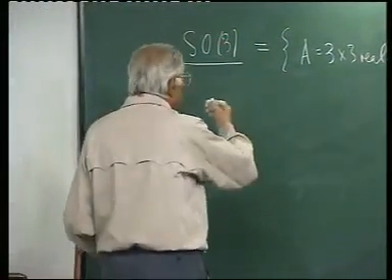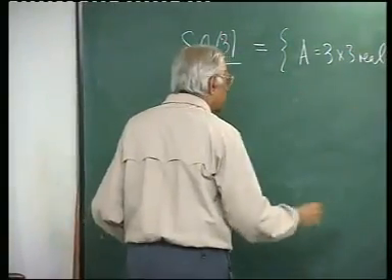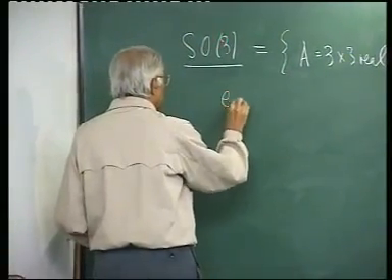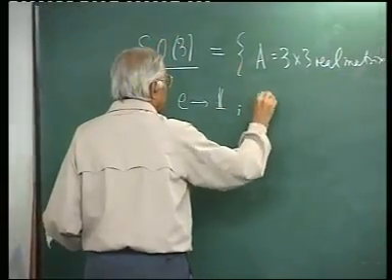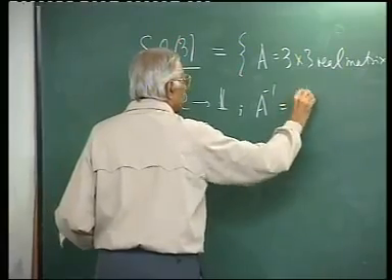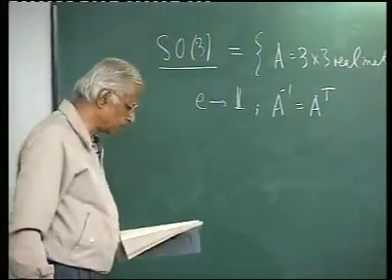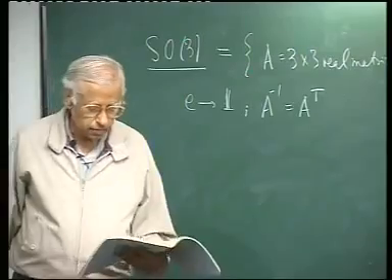Group multiplication, group composition, is given by matrix multiplication, that is understood. The unit or identity element corresponds to the matrix 1, and the inverse of an element is given by the transposed matrix.